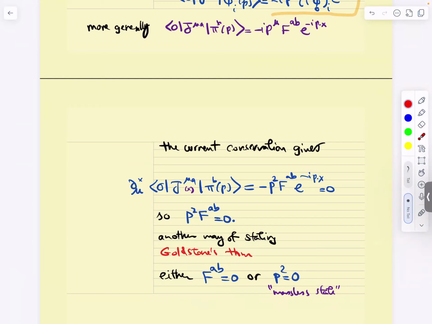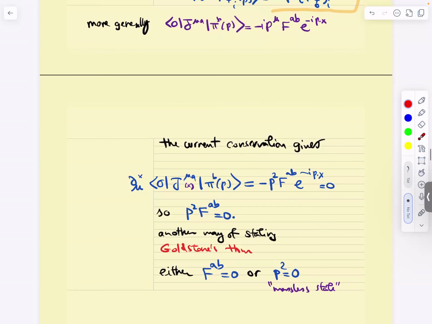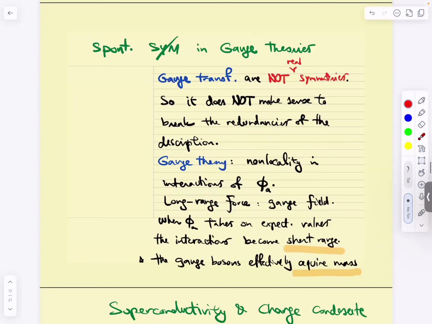This is another way of proving the Goldstone boson. This is equivalent to what we just wrote. Either p squared is 0, which means a massless mode, or F_AB is 0, which means that the symmetry is preserved. Good? This is another derivation. Questions? All right.